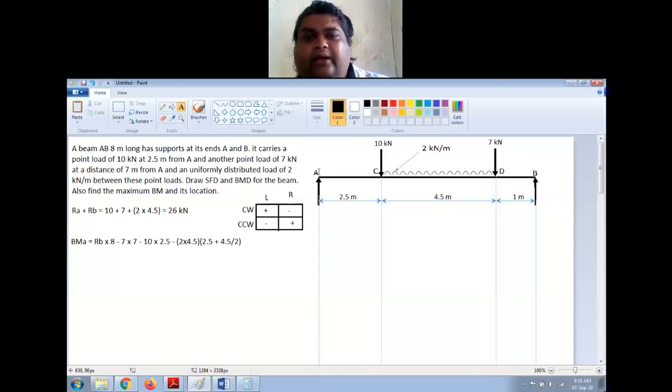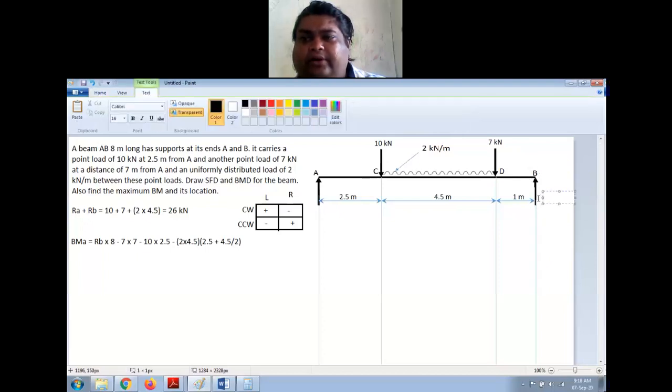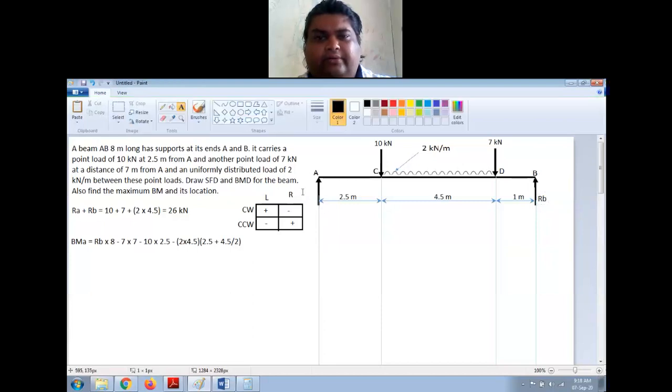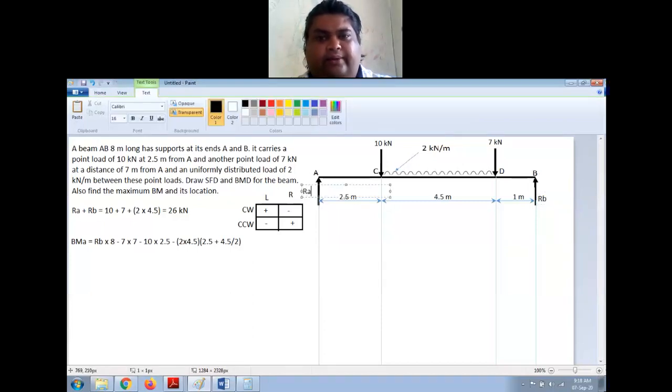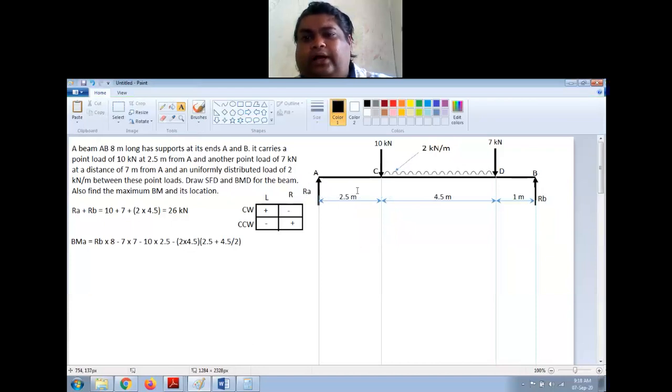How to find this? I will start from the extreme right end. At the extreme right end, I have a reaction, which I did not write down here, so I have RB, and here I have RA. I don't know the values.